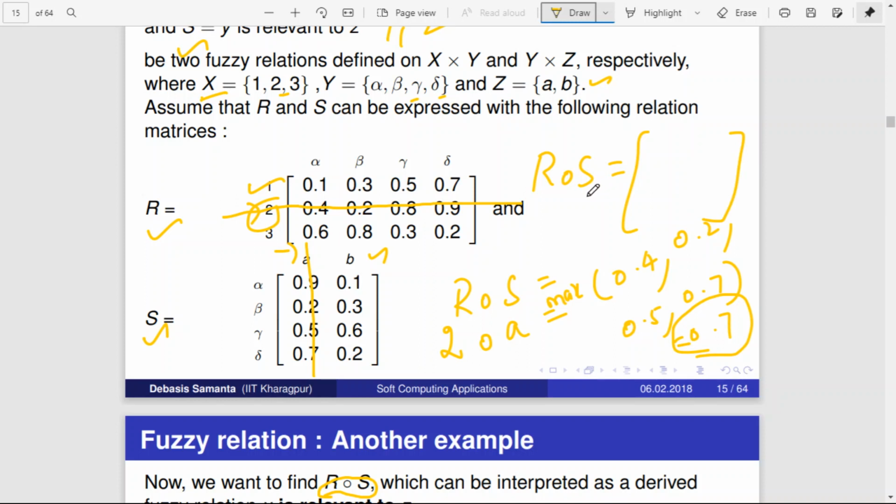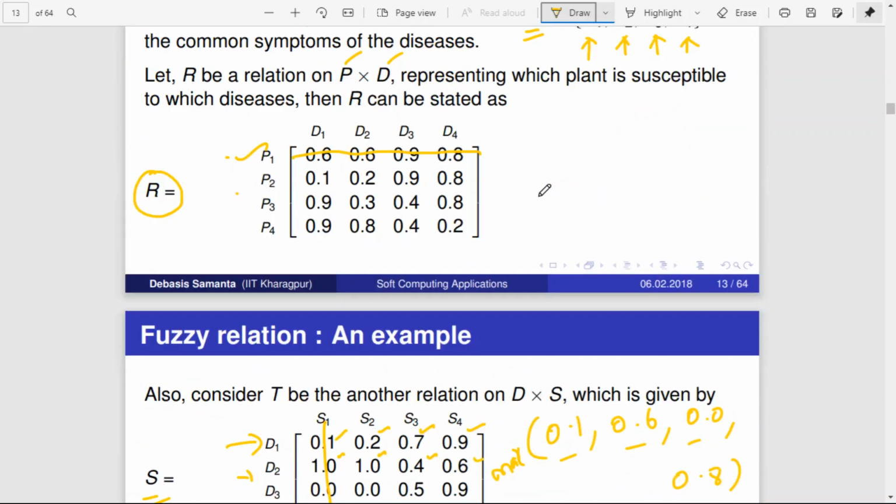But sometimes you are only interested in a partial relation, for some X and some Z, and that you can also do. So I think it's clear.